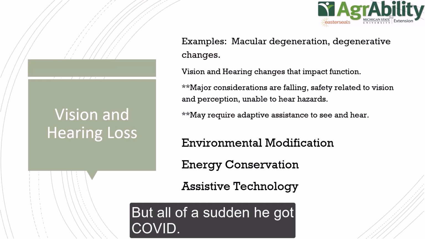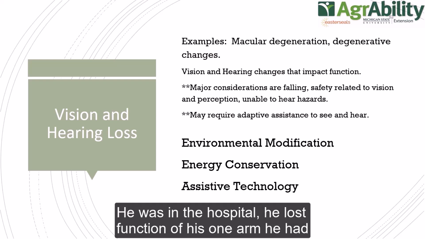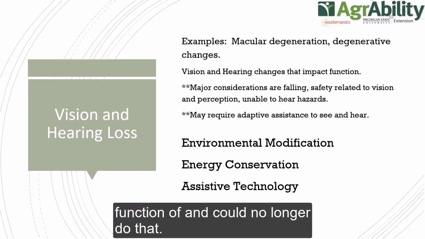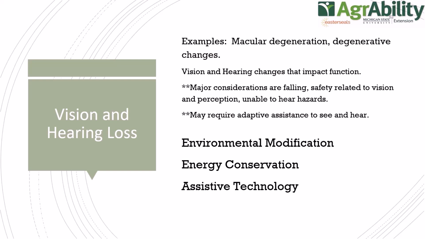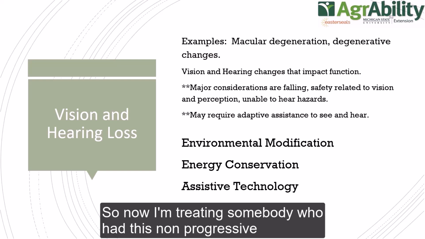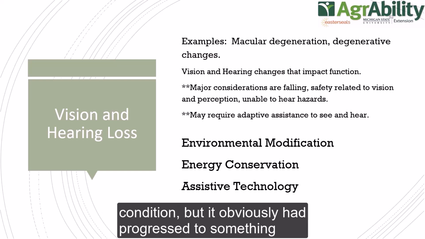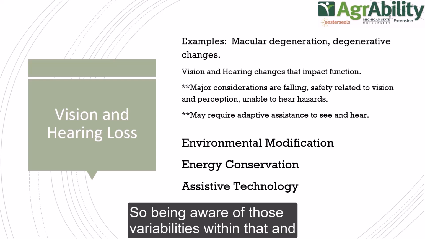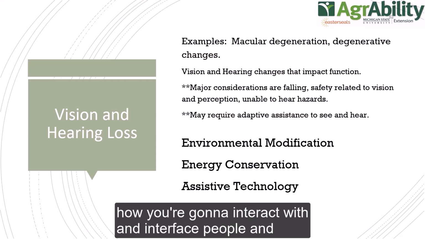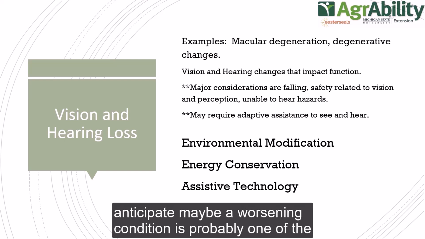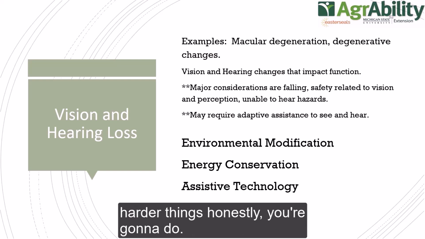But all of a sudden, he got COVID, he was in the hospital, he lost function of his one arm he had function of and could no longer do that. So now I'm treating somebody who had this non-progressive condition, but it obviously had progressed to something different. So being aware of those variabilities within that and how you're going to interact with and interface people and anticipate maybe a worsening condition is probably one of the harder things, honestly, you're going to do.